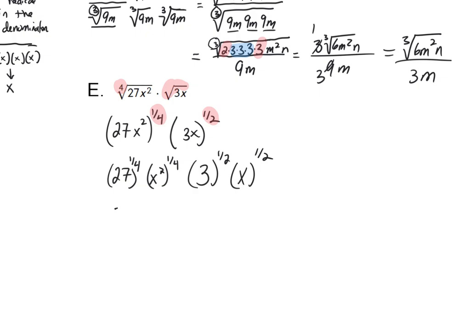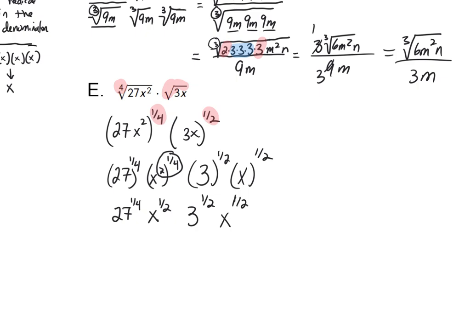Now, 27 does not have a 4th root, so 27 to the 1/4. However, here we have a power to a power, so we're going to multiply. 2 times 1/4 is 1/2. 3 cannot be simplified when it's to the 1/2 power, and I have x to the 1/2.